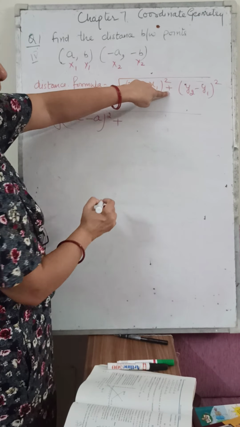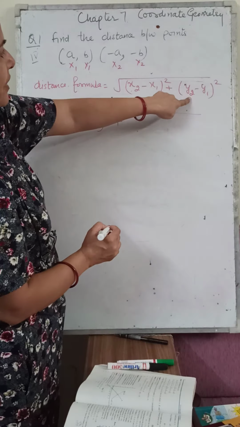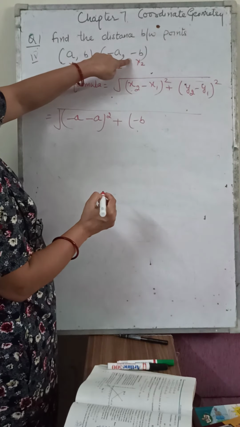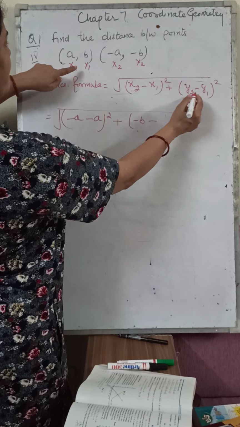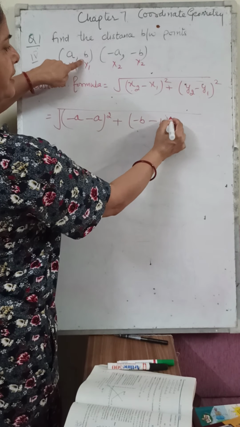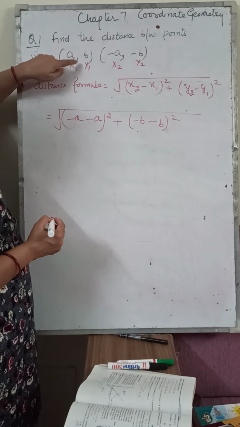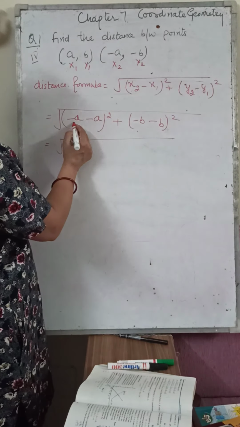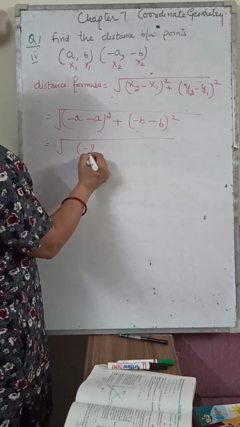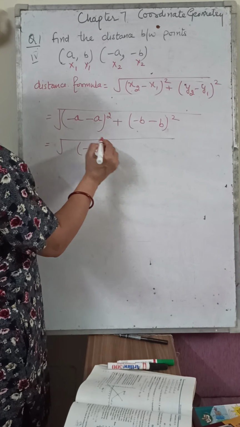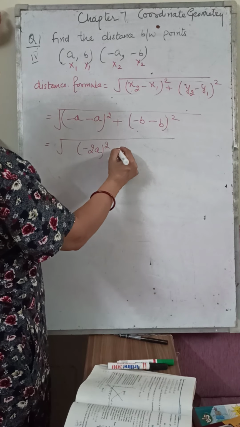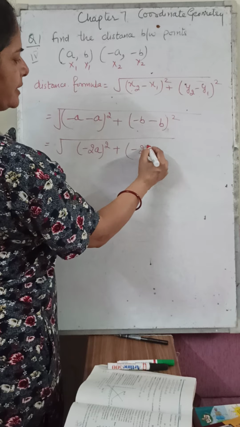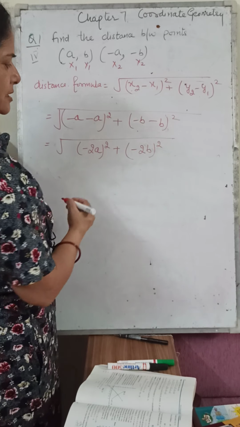Now with sign plus, y2 is minus b, minus y1, y1 is b, whole square. It will be minus a minus a, that is minus 2a, whole square, plus minus b minus b, it is minus 2b, whole square.